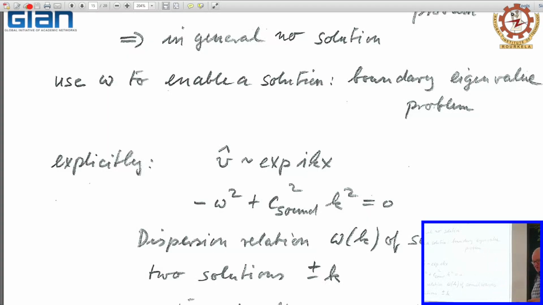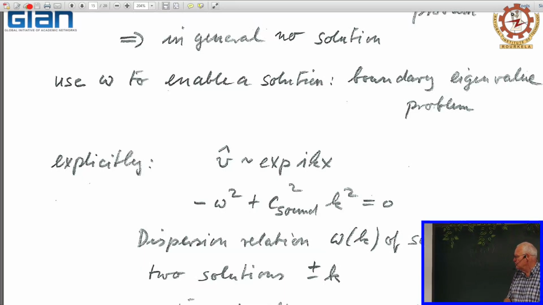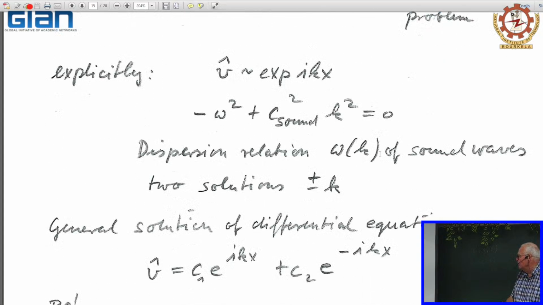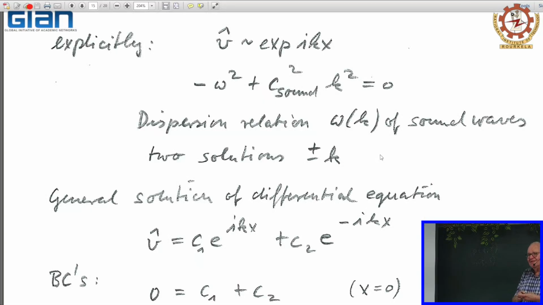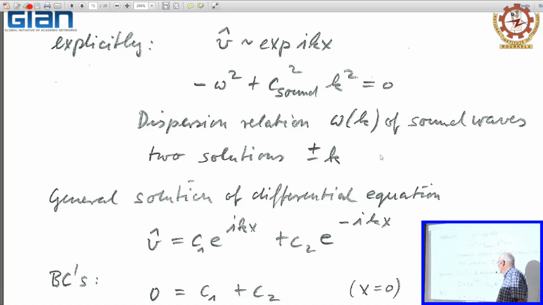So the most general form of the solution, the spatial dependence of the solution, would be v hat is an integration constant times e to ikx plus a second constant times e to minus ikx.